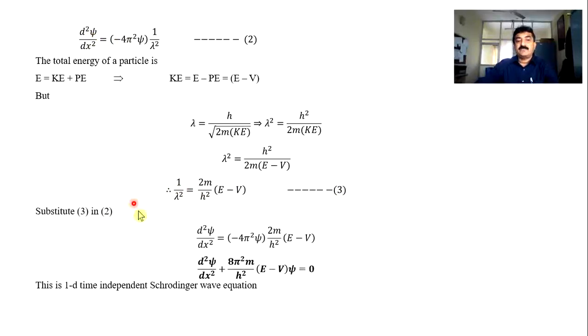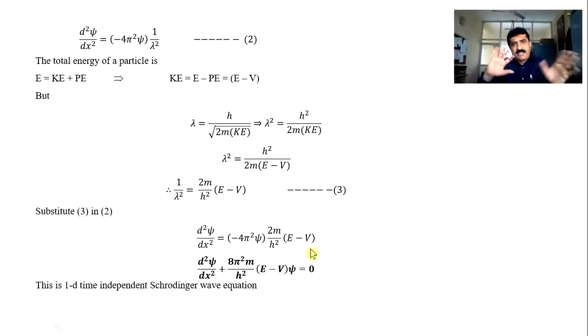Then d square psi by dx square is equal to minus 4 pi square psi as it is. In the place of 1 by lambda square, I have 2m by h square into E minus V. Now rearrange. 4 into 2, 8. So take it this side, it becomes 8 pi square m by h square into E minus V, and finally I write psi.